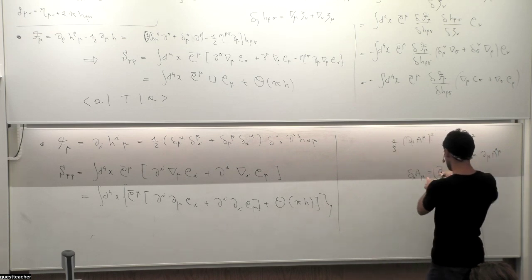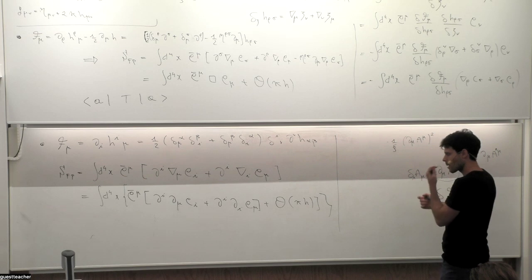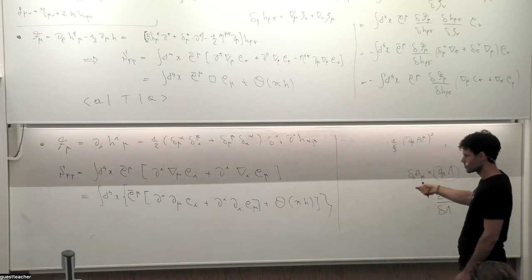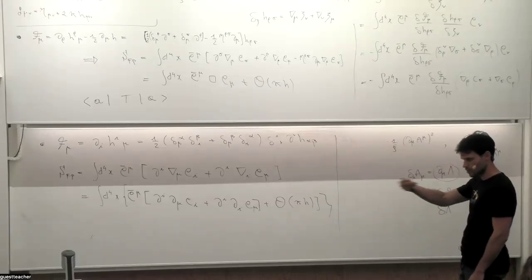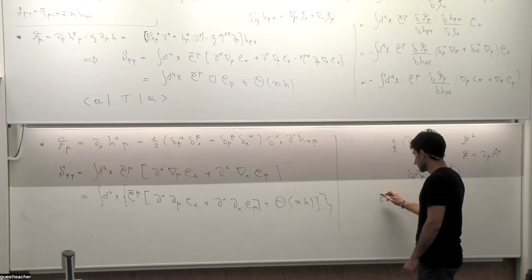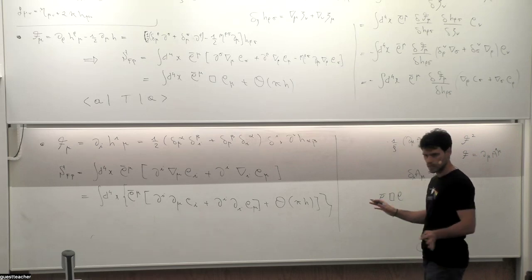This transformation will not give you anything that, when you take the derivative, will give you an A. And so the ghost in that case will only be some C bar box C, and that's it. There is no interaction.